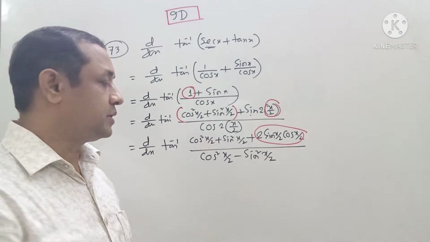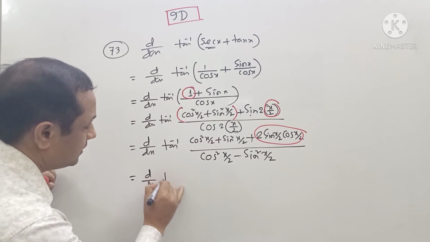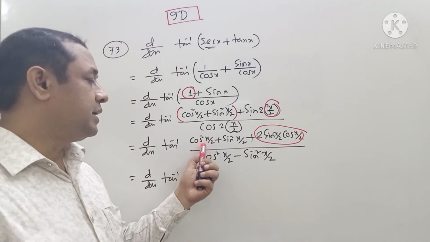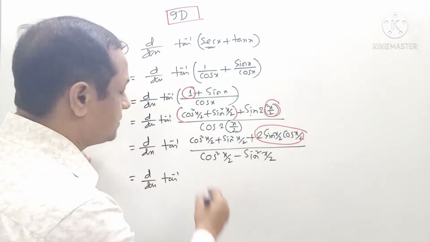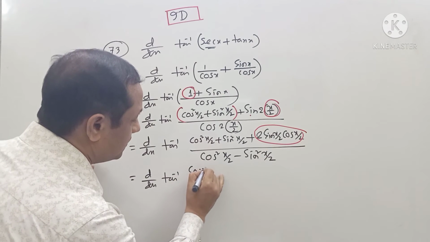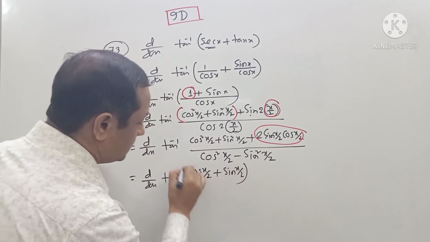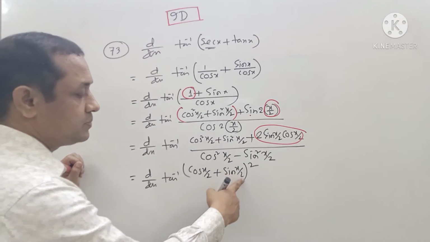Then d/dx of tan inverse, using the formula a square plus b square plus 2ab equals (a plus b) whole square. So a plus b whole square, where a means cos x by 2 and b means sin x by 2.